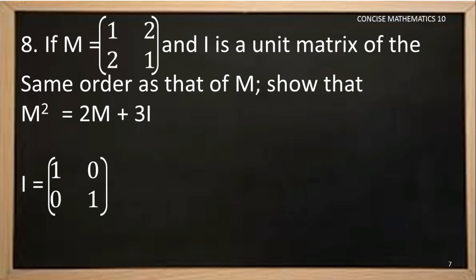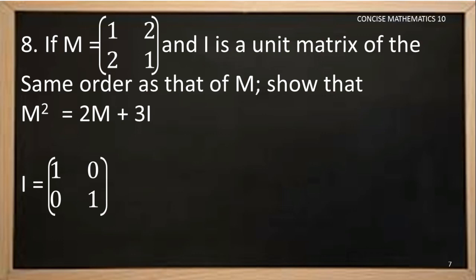And in the third step, 3 into I, that is, all the elements of matrix I should be multiplied with the real number 3. Hence, we have to calculate the sum of 2M plus 3I.